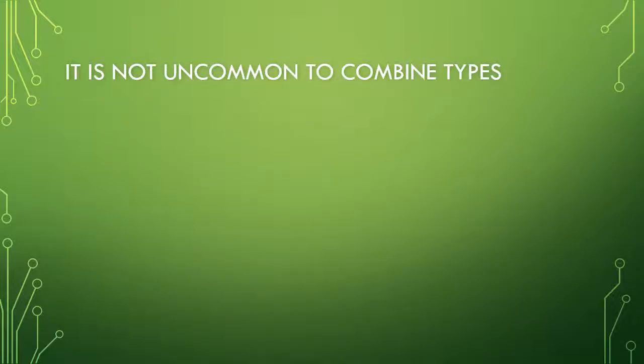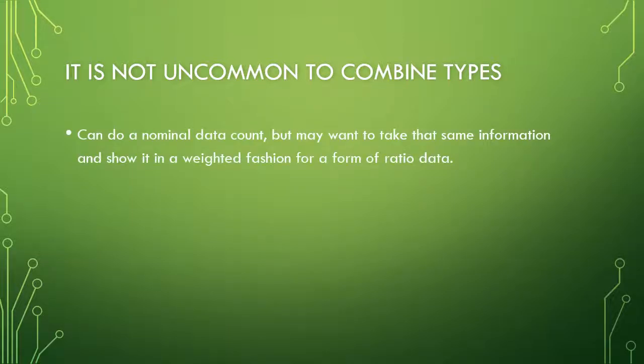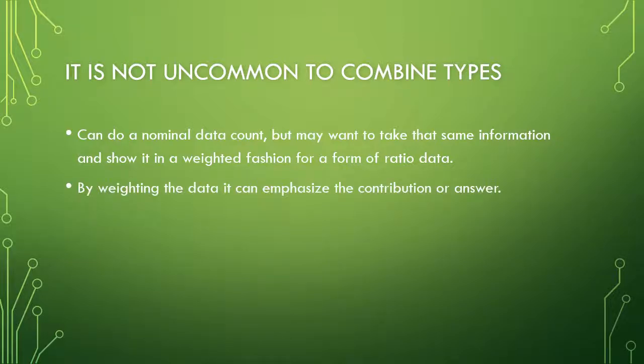All in all, by the way, it is not uncommon to combine the different types. We see that often. You can do a nominal data count, but you may want to take some of that same information and show it in a weighted fashion for a form of ratio data, or show it as an ordinal form of data. You might want to weight the data so that it emphasizes the contribution or the answer.